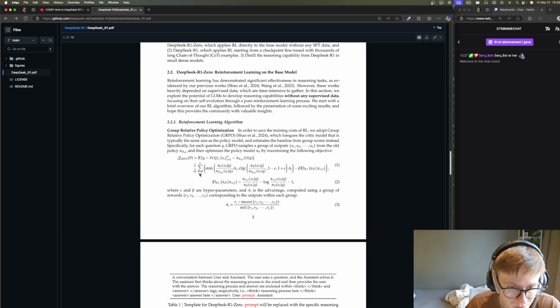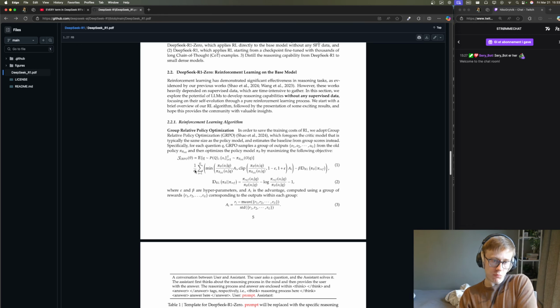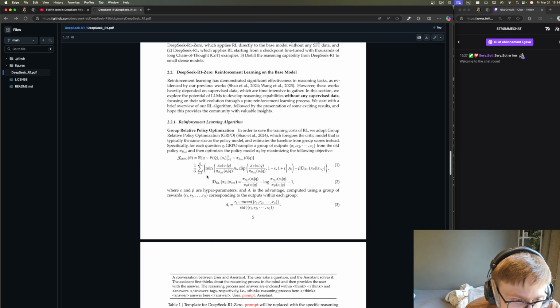Or it has to, right? Is some sort of average of... I don't know. A GP sample of group outputs.